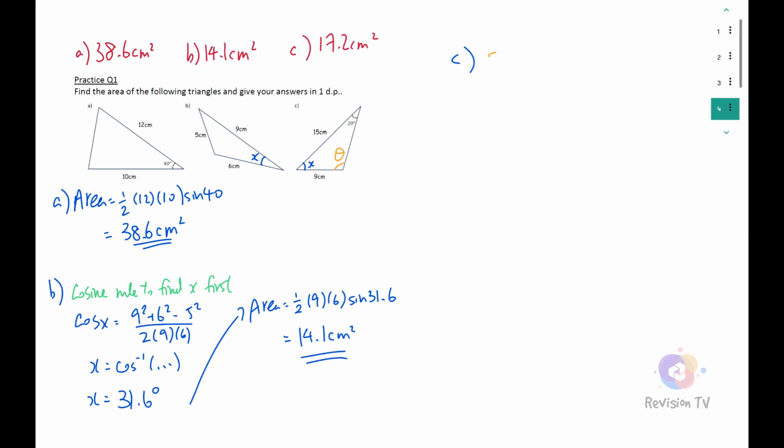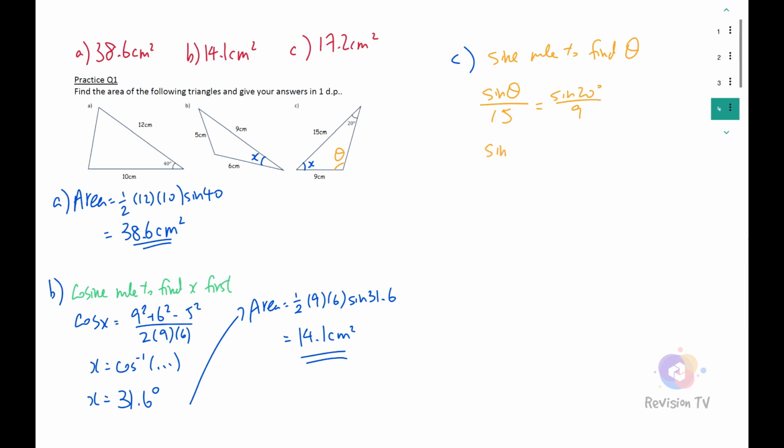So here we go. So sine rule first. Sine rule to find theta. So that's the first step. So sine theta, if I want to find theta, I'm going to put the angle on the top of the sine rule. So sine theta over 15 equals sine 20 degrees over 9.